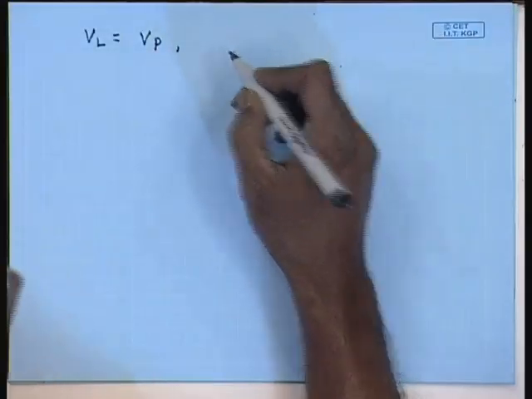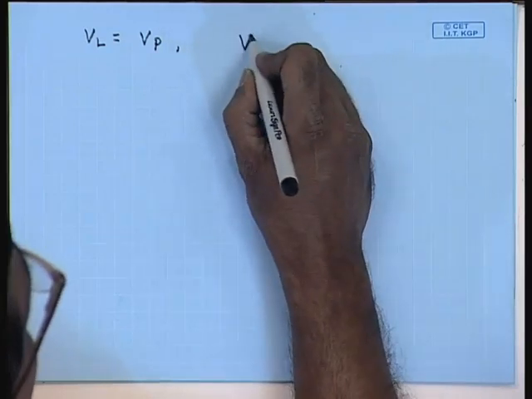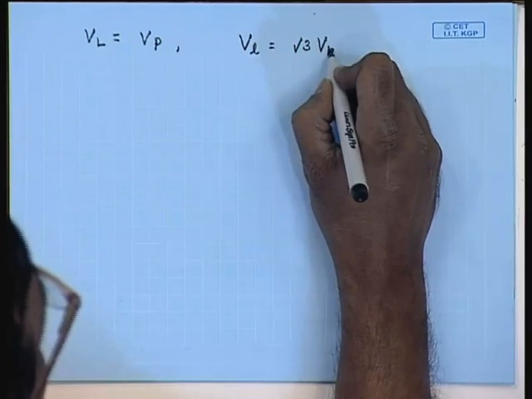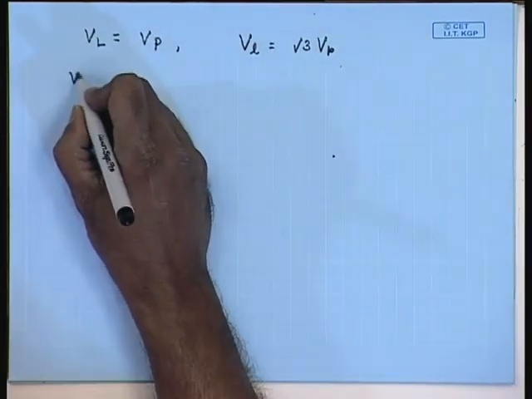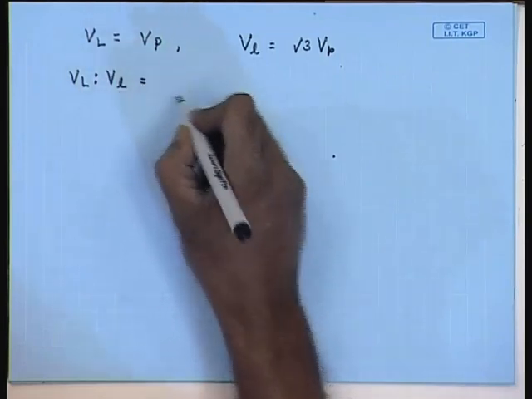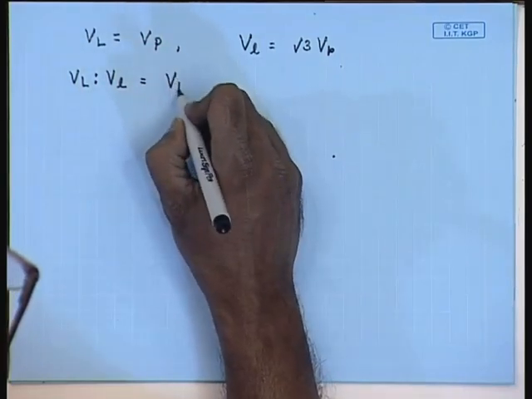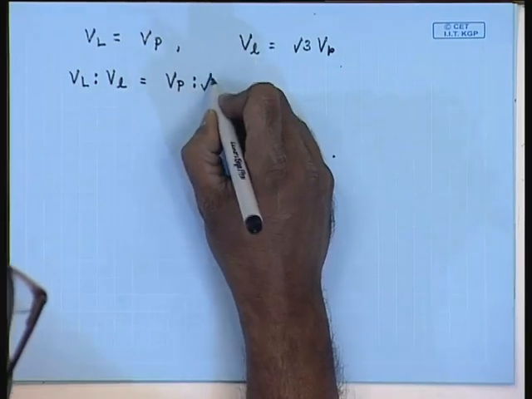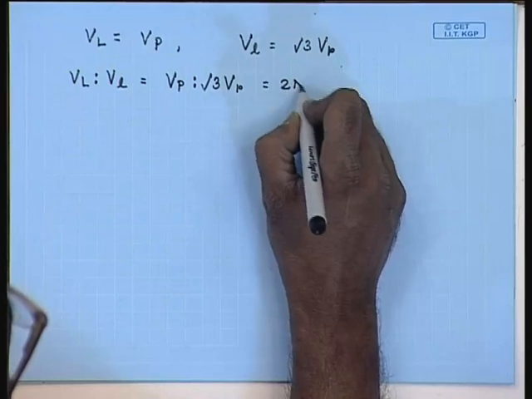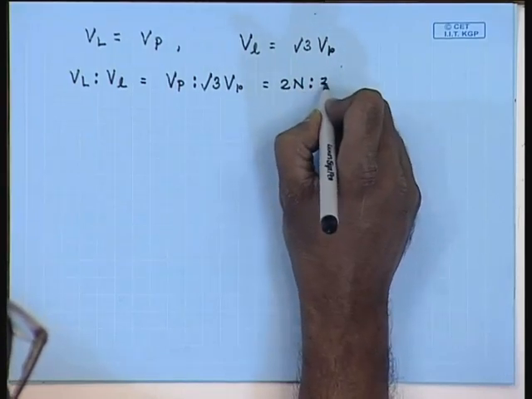So, on the low voltage side V L equal to root 3 V P. Therefore, we have V L is to v L equal to V P is to root 3 V P will be equal to 2n is to 3.